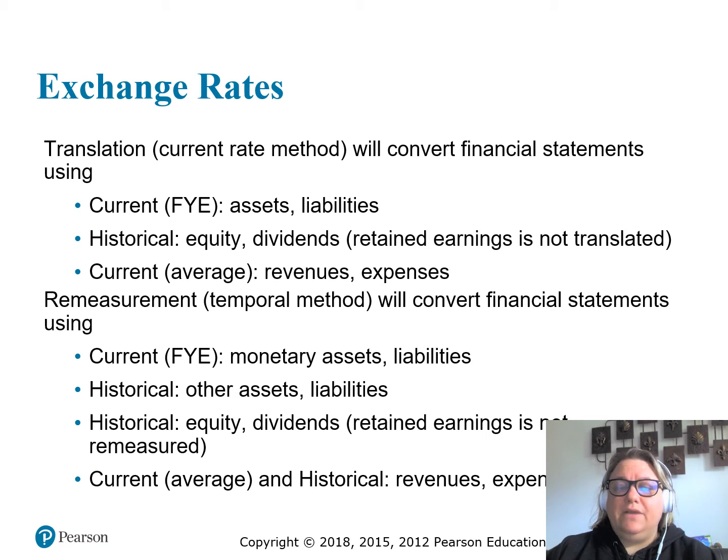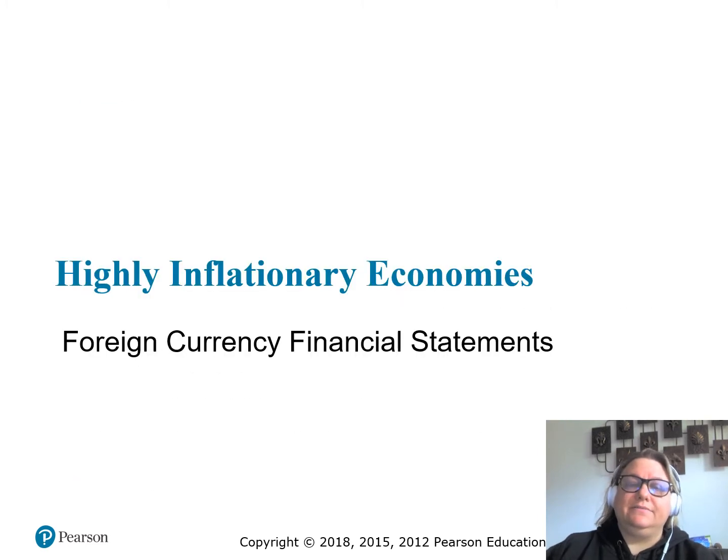The remeasurement or the temporal method will convert financial statements using current for year-end monetary assets and liabilities. Notice that's different than translation. Historical for other assets and liabilities, historical equity and dividends, and current average and historical for revenues and expenses.